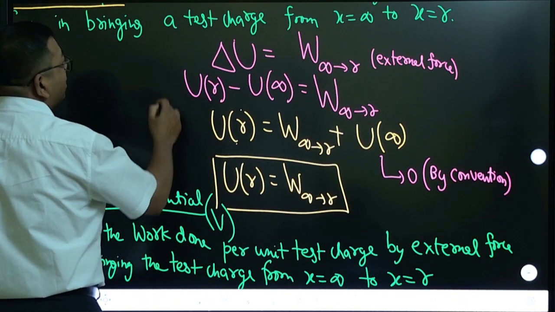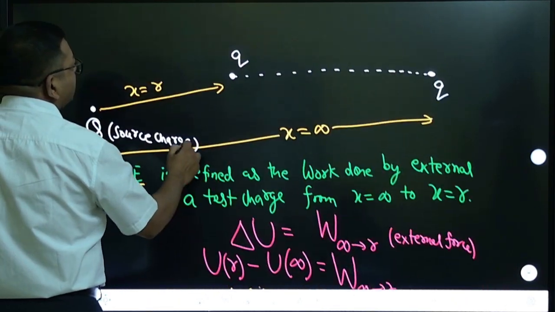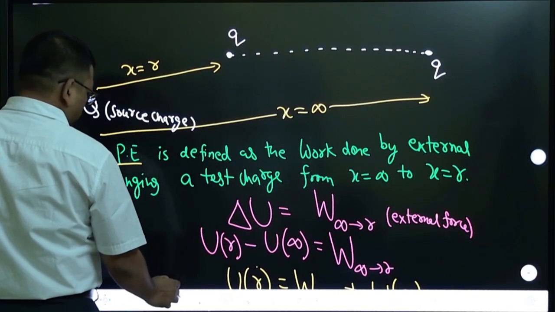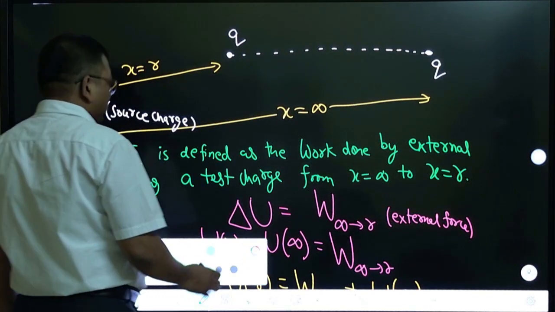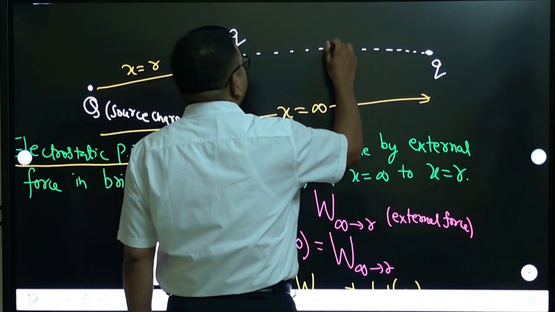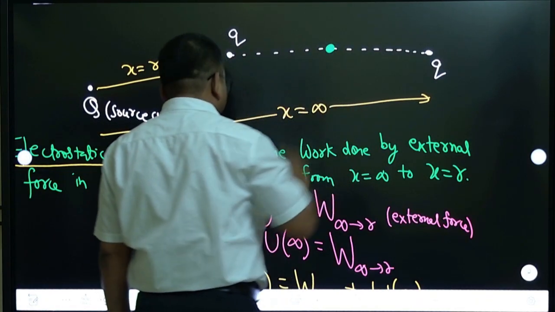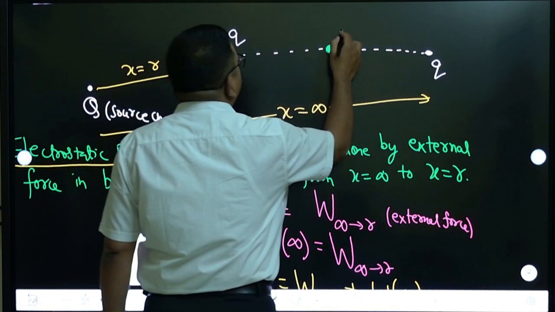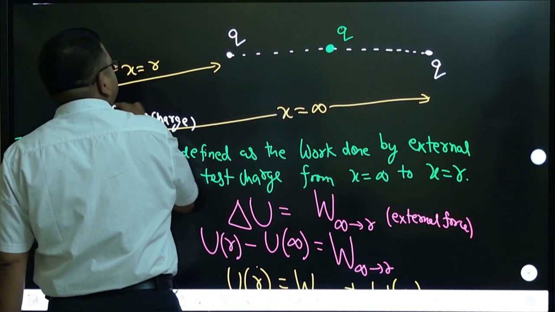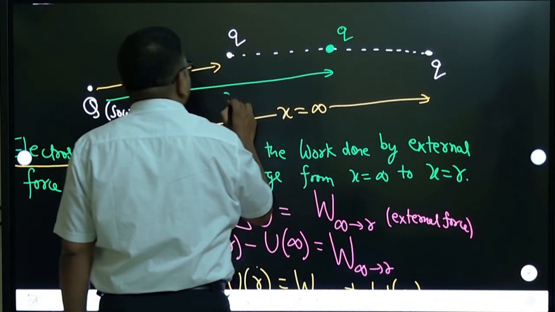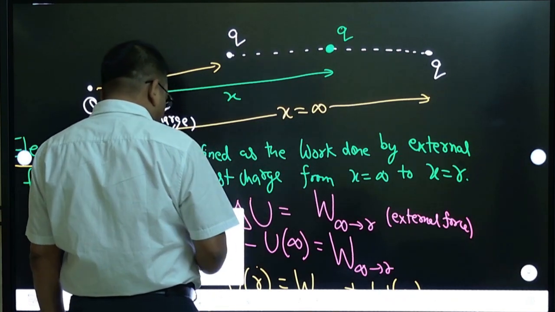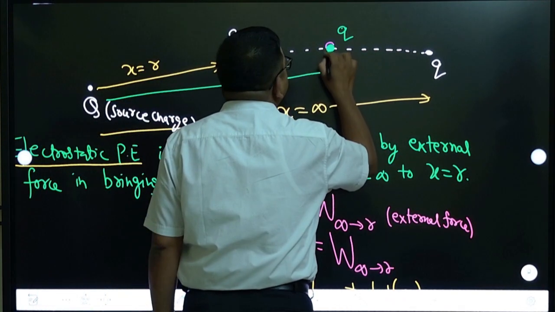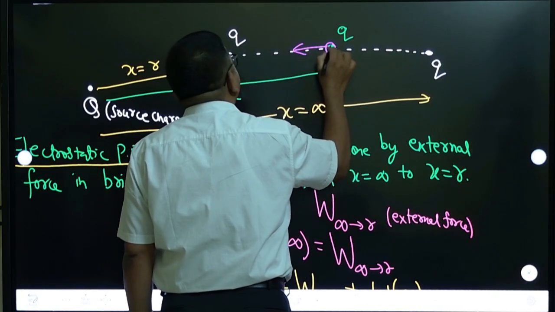Here in this diagram, let us see an instantaneous location. This test charge is here right now, and right now the distance is x. Note here, very important, that you are bringing this test charge toward the source charge.